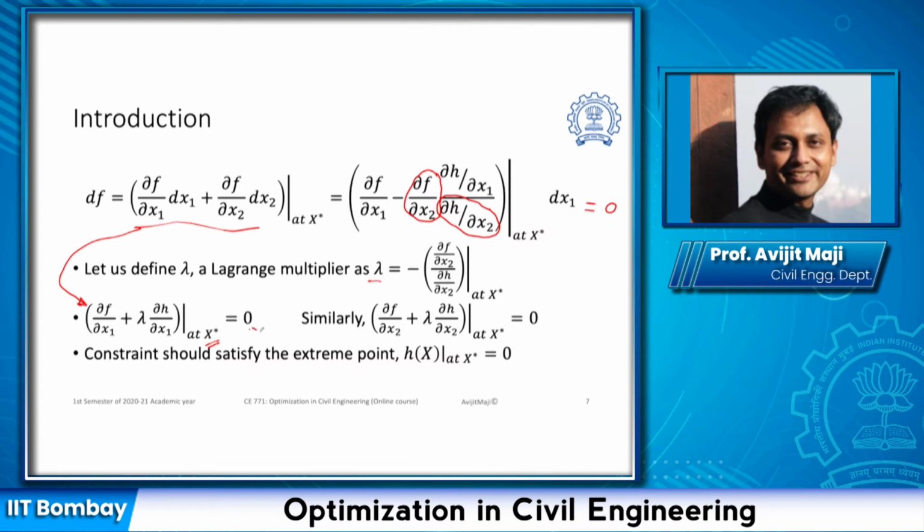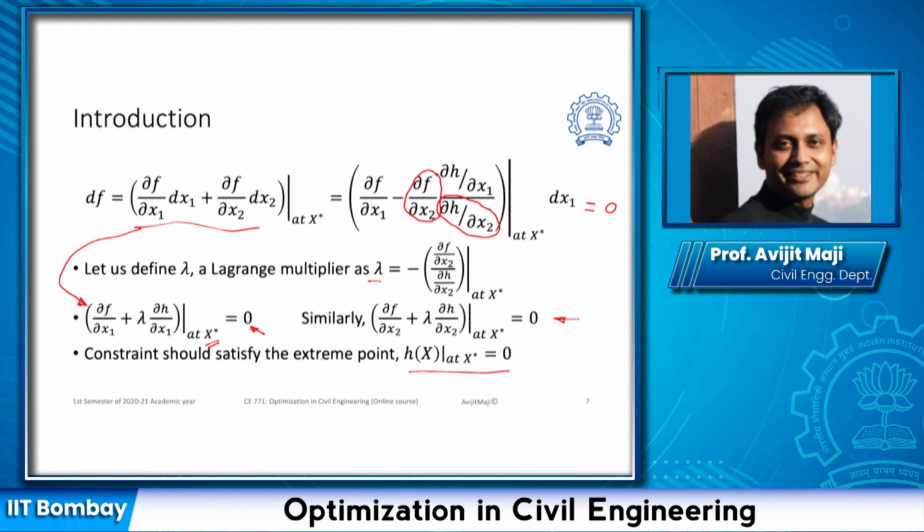Similarly, if we choose to express dx1 in terms of dx2, then we can write the equation this way. And of course, at the extreme point, we know that the constraint must satisfy the equality.